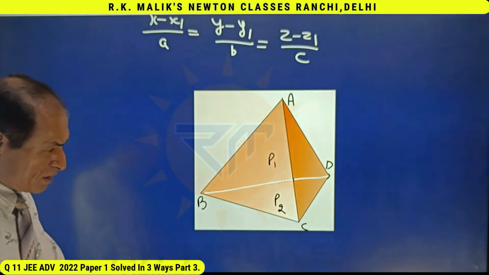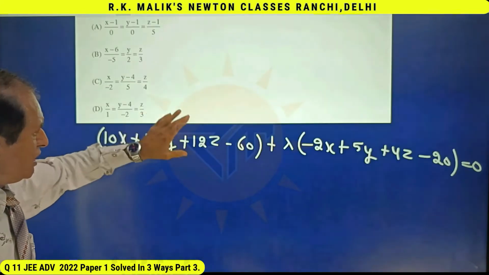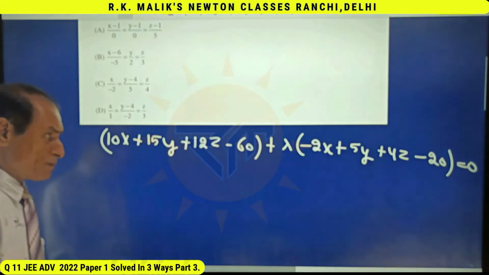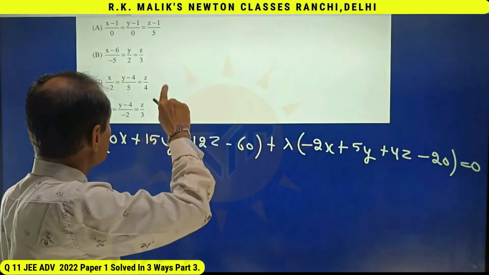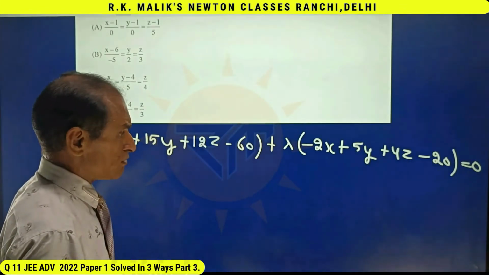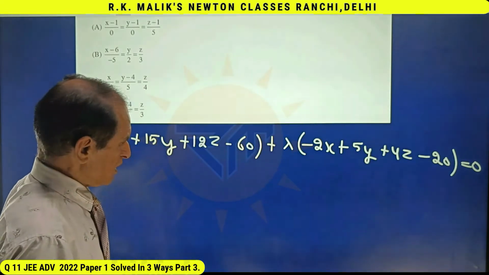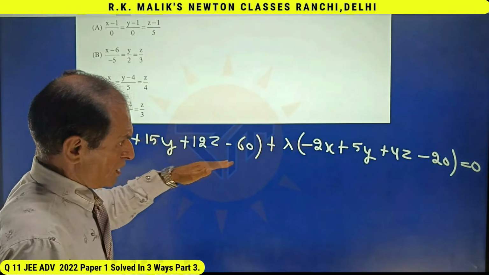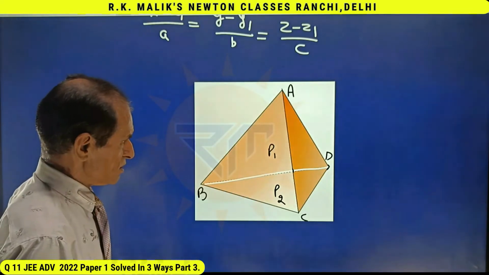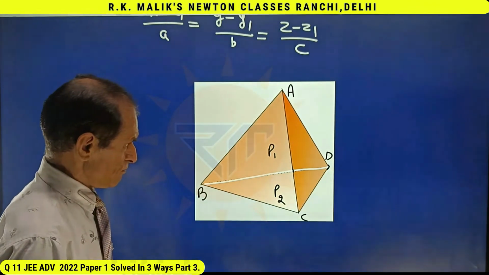I will proceed in this way: out of the given lines, I will try to put every line in this plane and try to find the value of lambda. If lambda comes to be 0, that is, this part becomes 0 and this part becomes non-zero, it means the line will be of the type AB or AD.